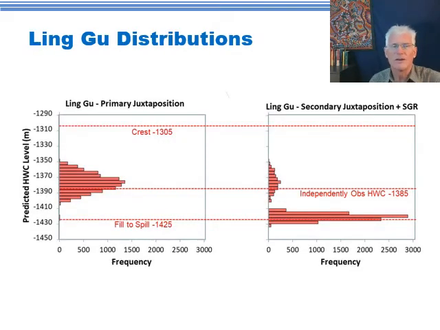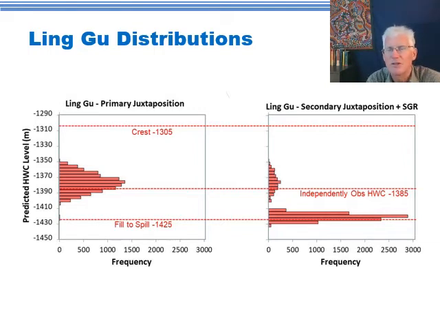What we can do then is come up with distributions. So we've got distributions of the predictions for both the primary juxtaposition and also a secondary juxtaposition, or a contribution from a membrane seal. In this case, if you just talk about juxtaposition, you get a pretty good prediction, which is shown on the left.